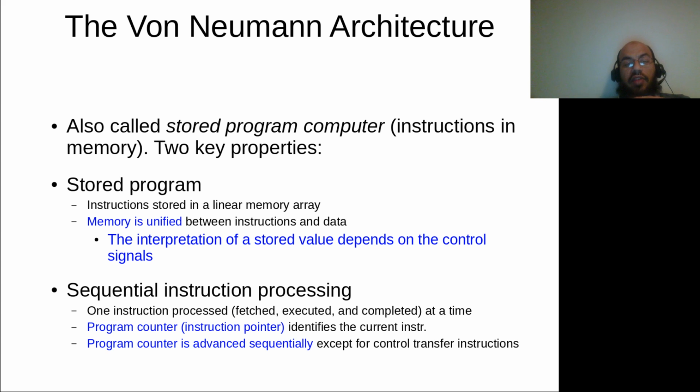When you go to buy RAM for your computer, you don't tell the seller, I want 8 gigabytes of RAM for my data and 4 gigabytes of RAM for my instructions. In the other architectures, you would actually do that, because you need 2 different memories for the different kinds of data that you operate on. But in von Neumann, you have both instructions and data in the same memory.